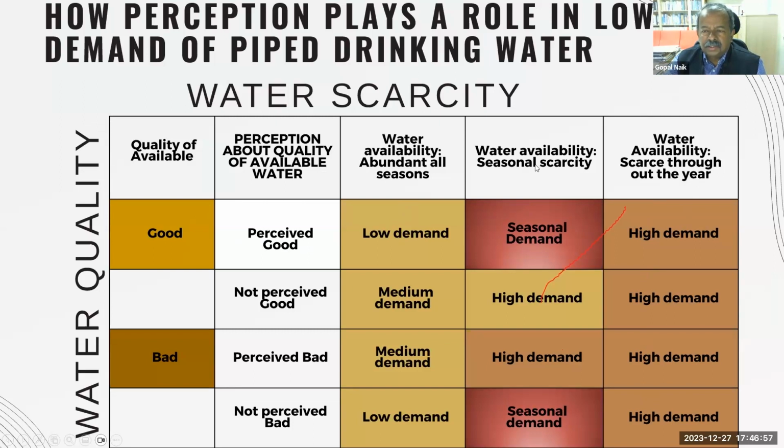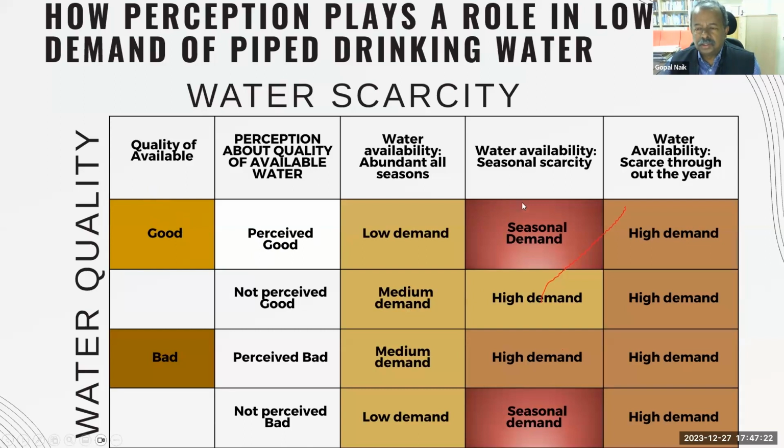Whereas if there is a seasonal scarcity, then there will be a seasonal demand. So you supply water only during, let's say, the summer season. Whereas if the water quality is good, but it is not perceived as good, then the demand for tap water will be much more, something like a medium demand and so on.